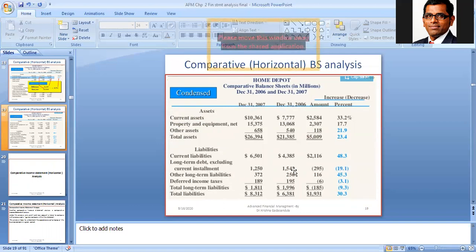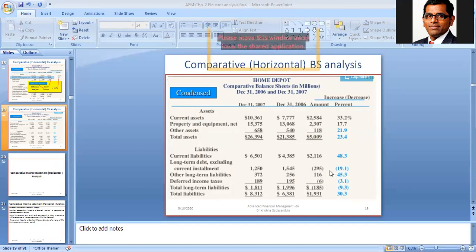If you see this current installment, previous year 1545, current year 1250. It's lesser, meaning liabilities are decreasing, which is good. From a liabilities point of view, liabilities means debts which we borrowed from outside. So long-term debt has been decreased. It's a very good sign.